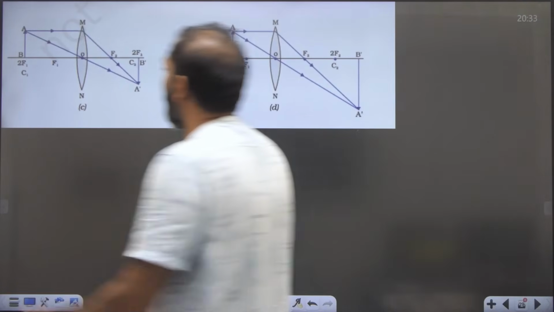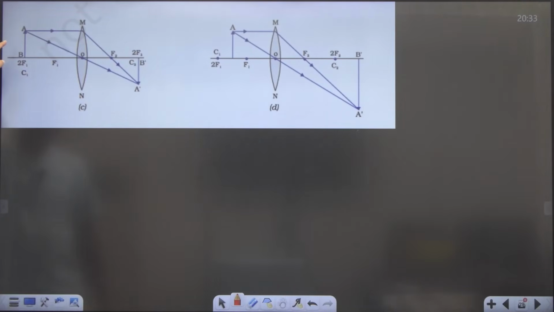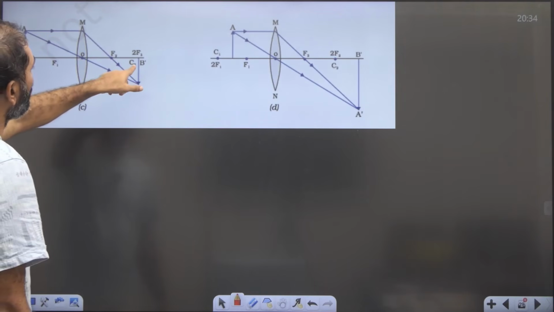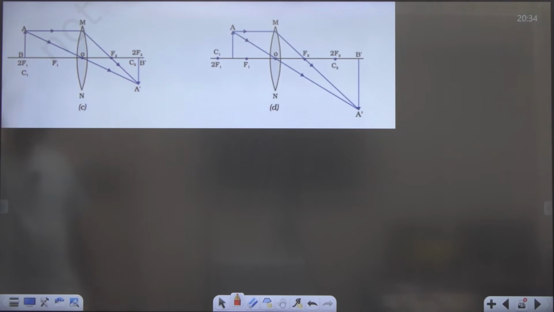Next, the object is at 2f1. Two rays are coming, one through the optical center, the other falling at the end of the lens. They converge at 2f2. Any doubt? Same size, real and inverted, when the object is at 2f1.